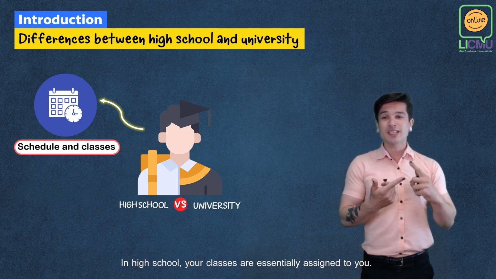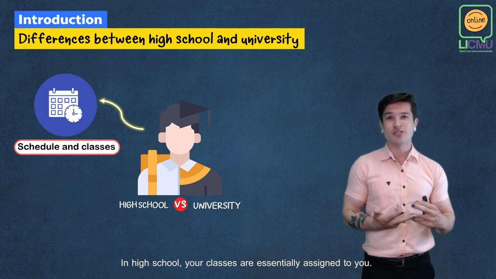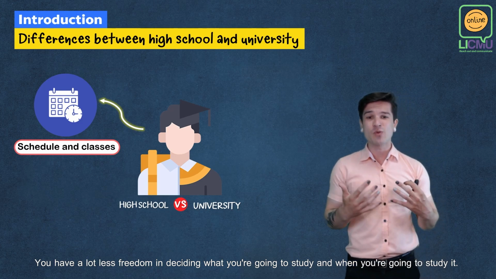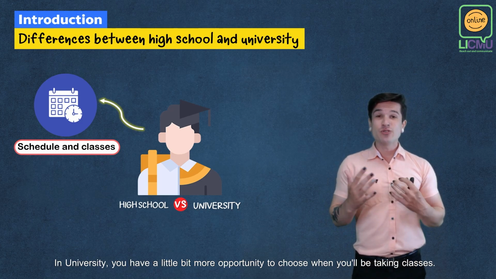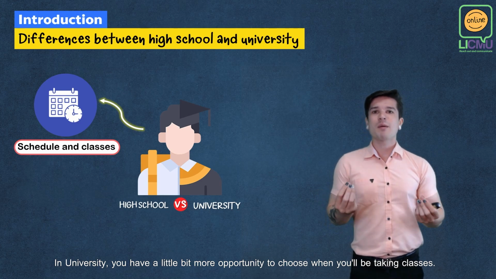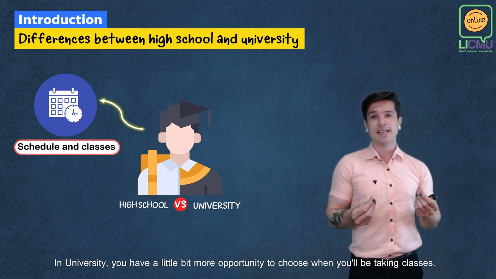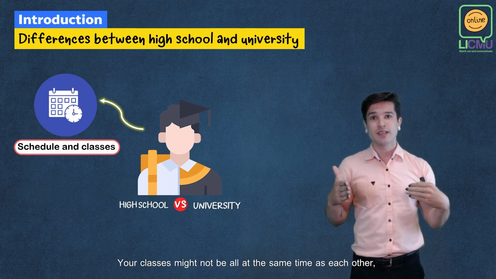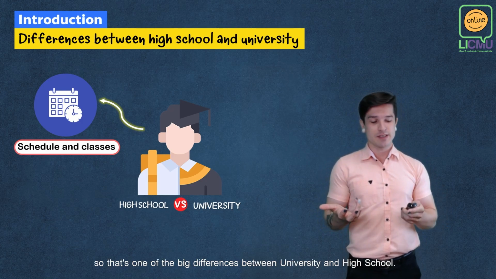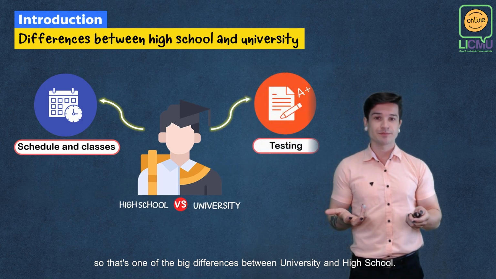In high school, your classes are essentially assigned to you. You have a lot less freedom in deciding what you're going to study and when you're going to study it. In university, you have a little bit more opportunity to choose when you'll be taking classes. Your classes might not be all at the same time as each other. So that's one of the big differences between university and high school.